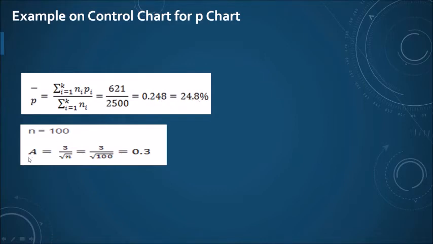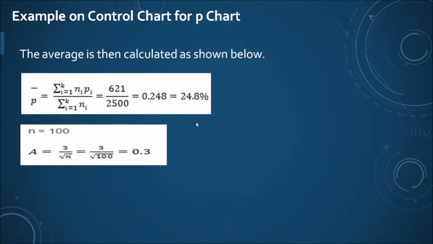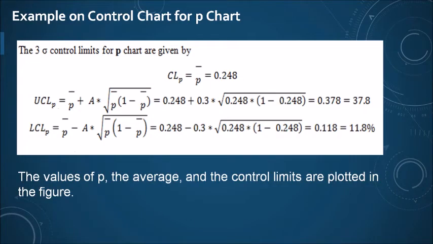N is equal to 100. A is nothing but 3 by root n, that is equal to 0.3. So using this information, now we can calculate the 3 sigma control limit. The central line, CL, is equal to P bar, which is equal to 0.248 or 24.8%.